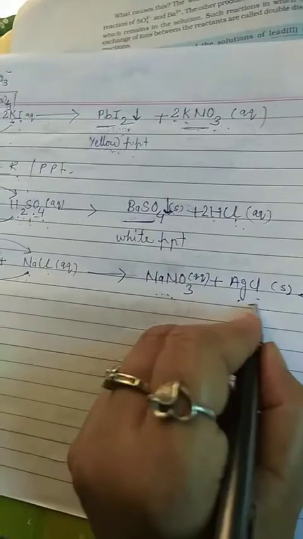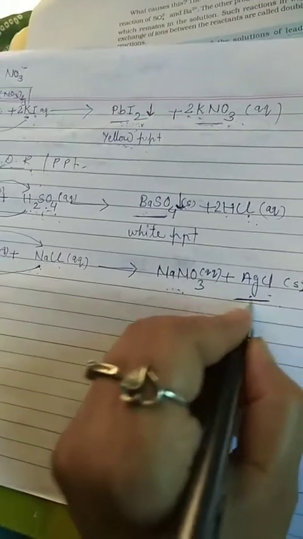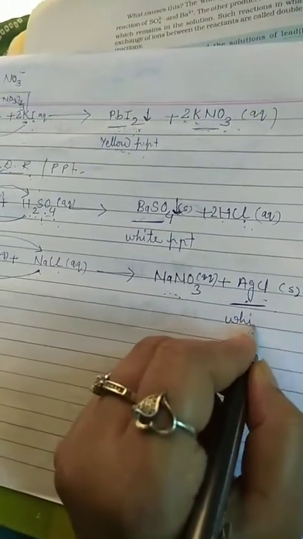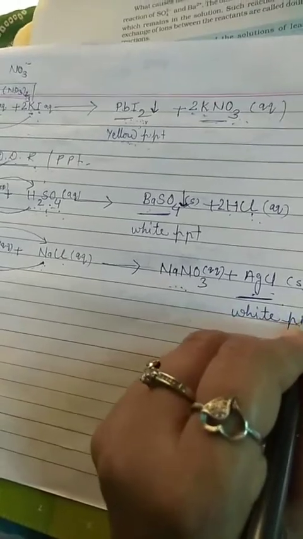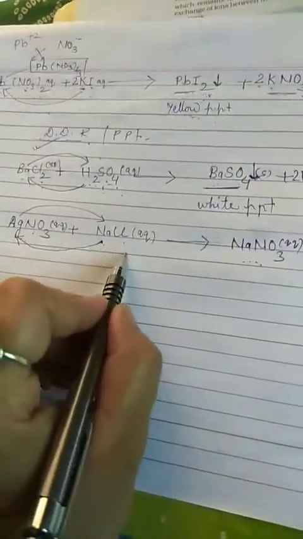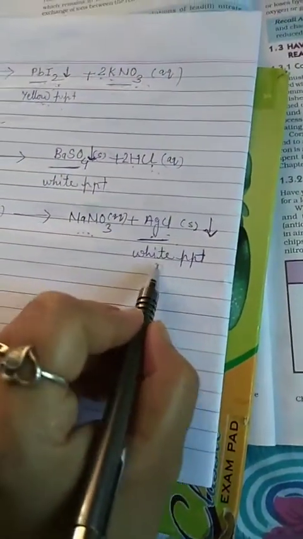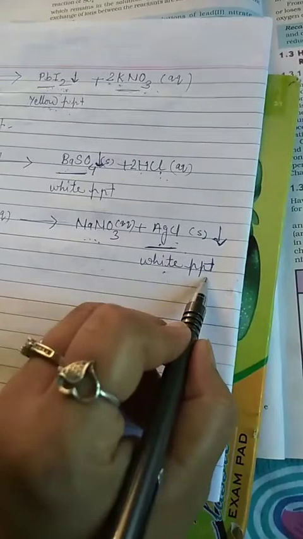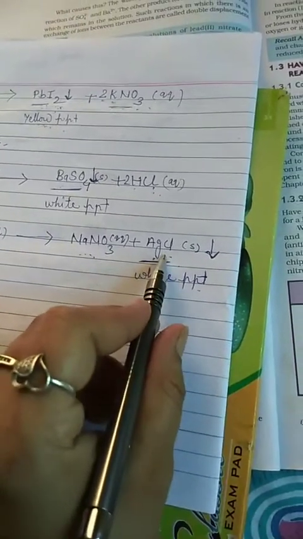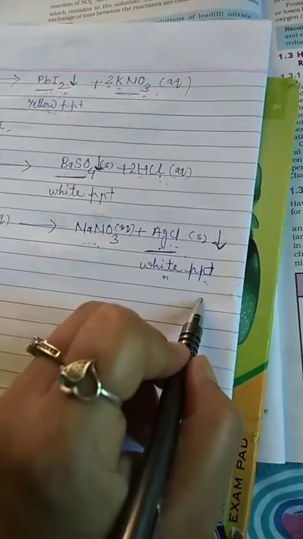The color of AgCl is white, so a white precipitate is formed when silver nitrate reacts with sodium chloride.